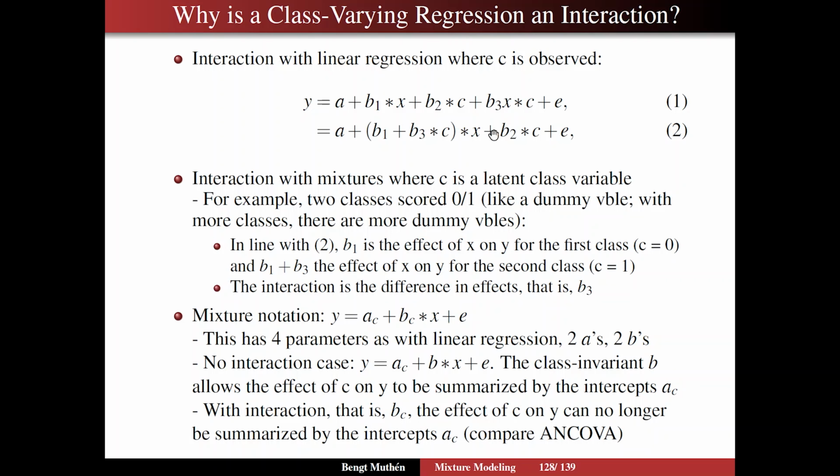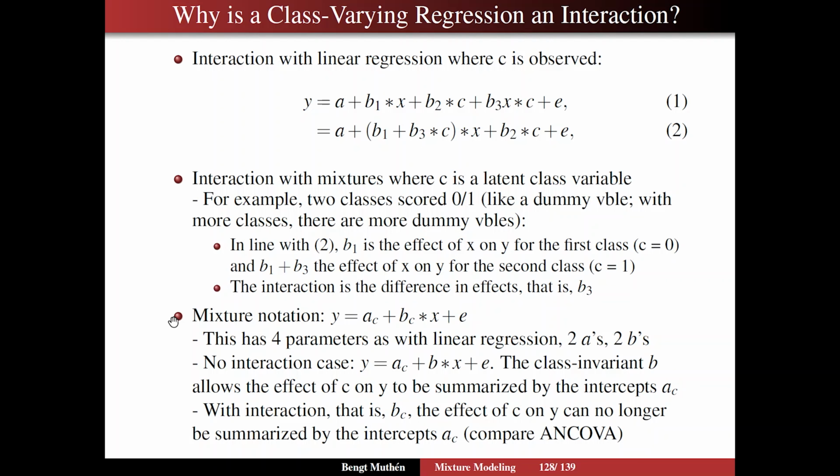So in line with equation 2, where we write it with this interaction term here, b1 is the effect of x on y for the first class, because c is 0 for the first class, so it's b1 times x. So b1 is the effect of x on y for the first class, and b1 plus b3 is the effect of x on y for the second class, where c equals 1. So the interaction is the difference in effects, that is b3. So b3 is the interaction, just like before.